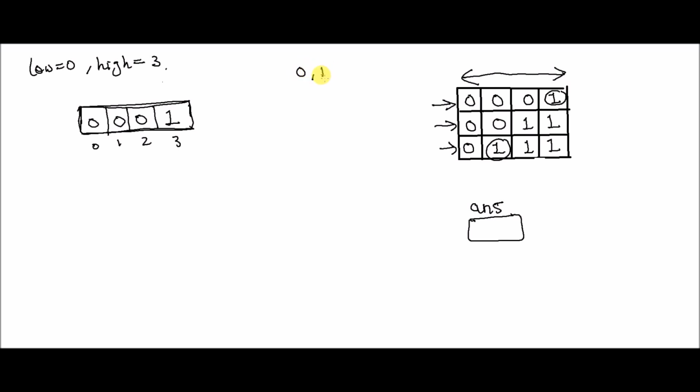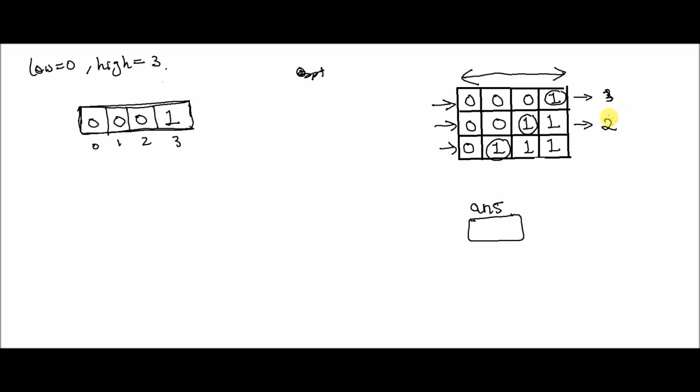If you look at this case, after applying binary search on the first row, I will get the output 3. After applying binary search on the second row, the first one is at index 2, so it will return 2.